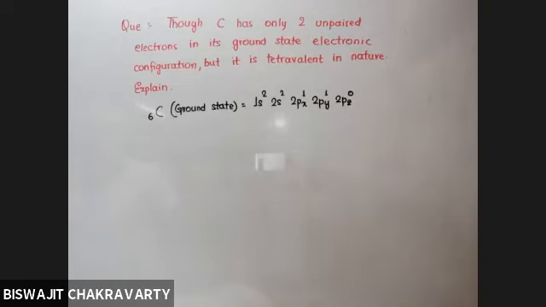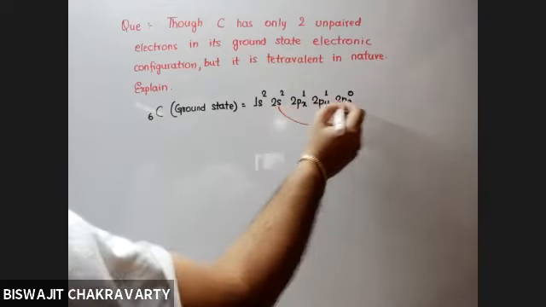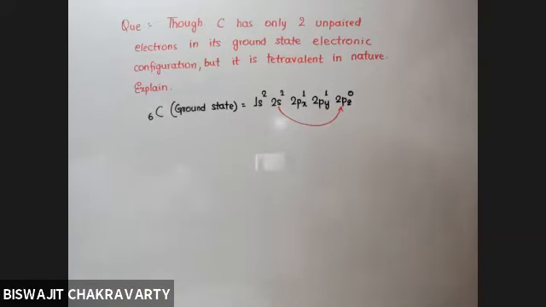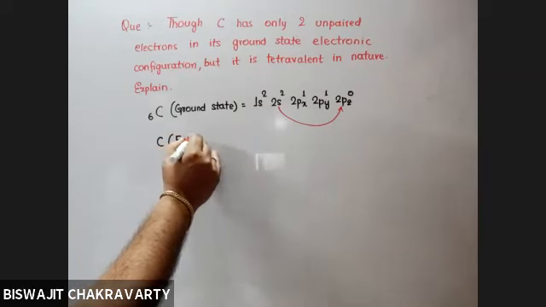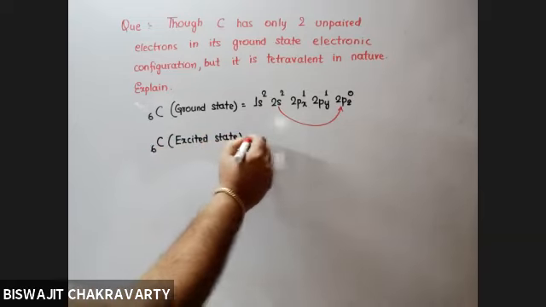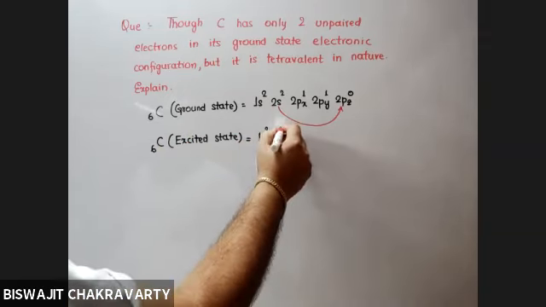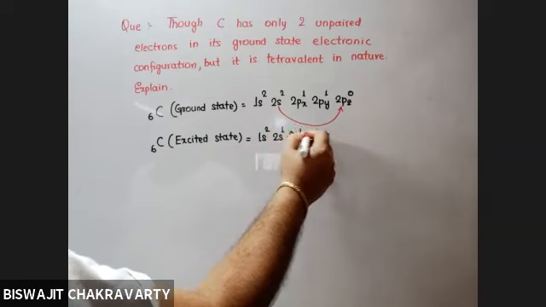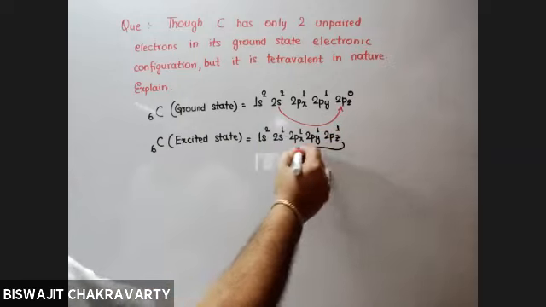Before combining with other atoms, they gain energy from an outer source, and during this process, one of the electrons from 2s jumps to 2pz, and this is called the excited state electronic configuration. So the excited state electronic configuration of carbon is 1s2, 2s1, 2px1, 2py1, 2pz1. So how many unpaired electrons do you find here?